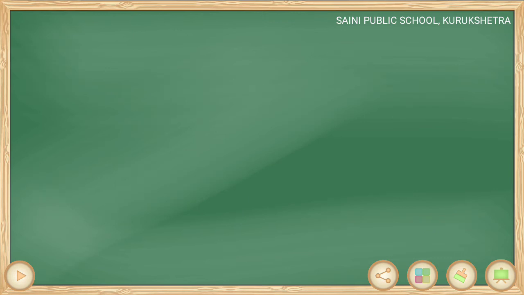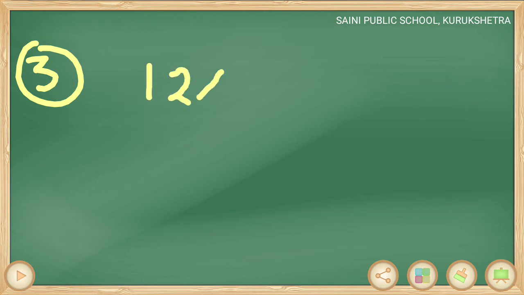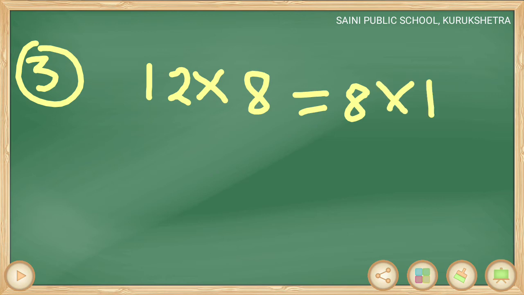Now the third property says a change in order of two numbers doesn't change their product. Look here carefully. When we change the order of two numbers, the product doesn't change.